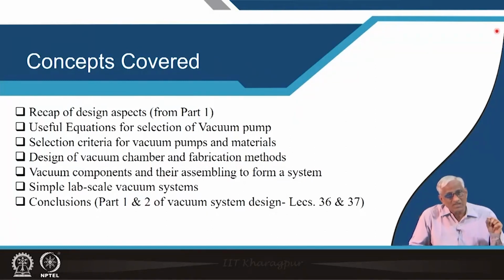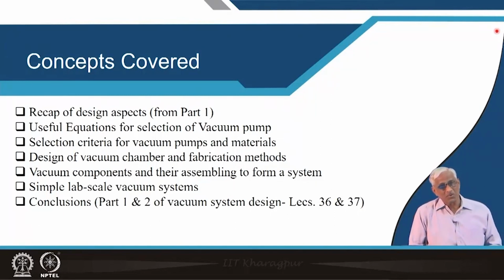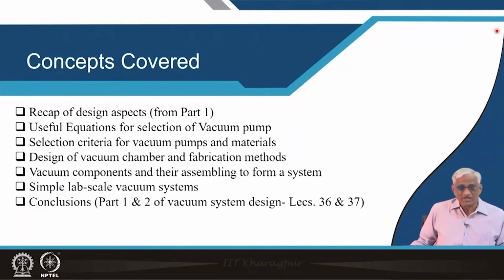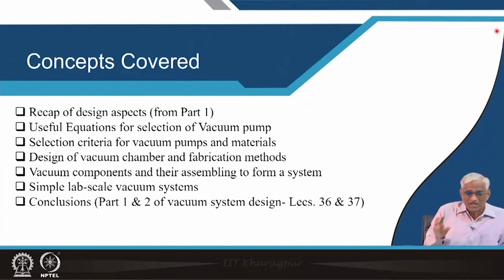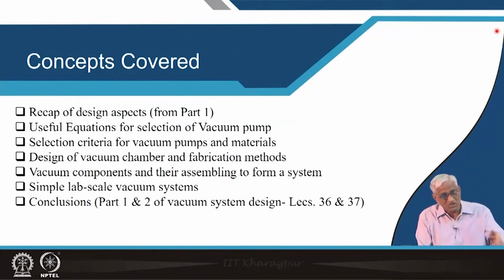We will see a small lab scale system that we normally use in research laboratories, and in the next class all these concepts together will be dealt with in an example called vacuum metallurgical furnace. We have 20 sessions for applications, but I have taken the metallurgical furnace because it operates at a high vacuum level, in between medium and ultra high vacuum, and we apply all the knowledge that we have taken in these two lectures.